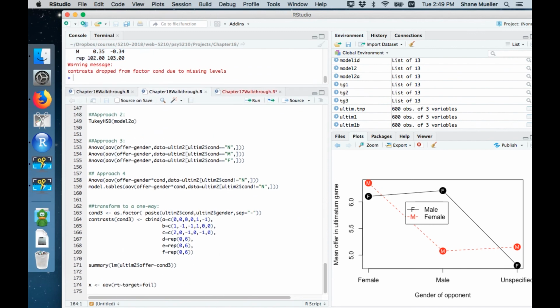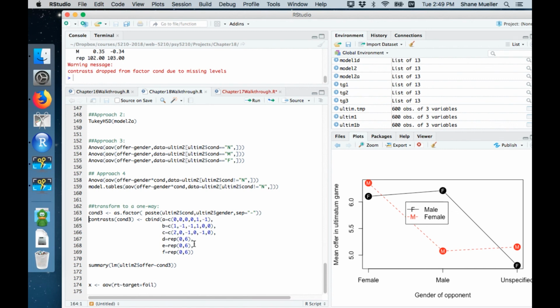Finally, another thing you might do is you can build the contrasts yourself. So here's a way of creating your own contrasts that map onto your hypotheses.